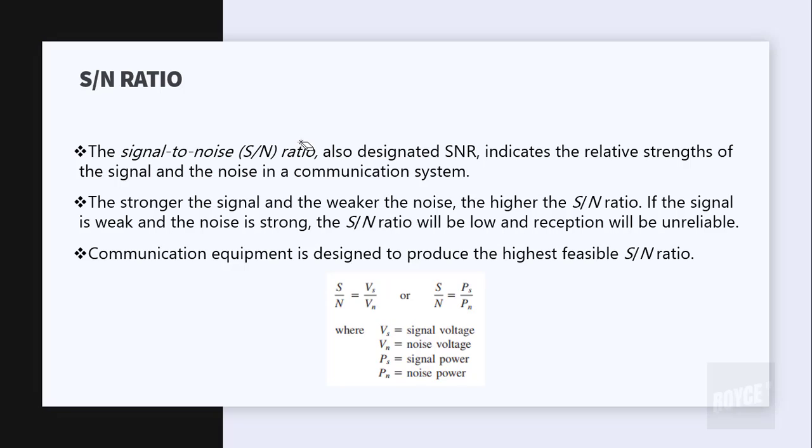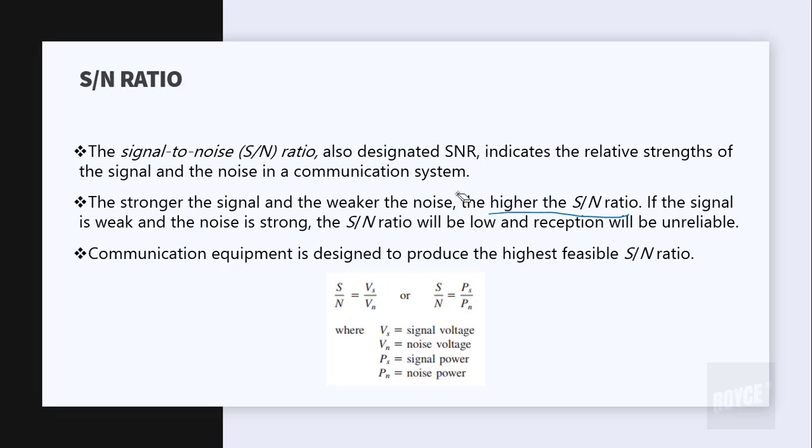SNR, signal to noise ratio. This indicates the relative strength of the desired signal and the noise in our communication system. The idea here is that we want our S to be stronger compared to the noise. Para makakuha tayo ng higher signal to noise ratio.